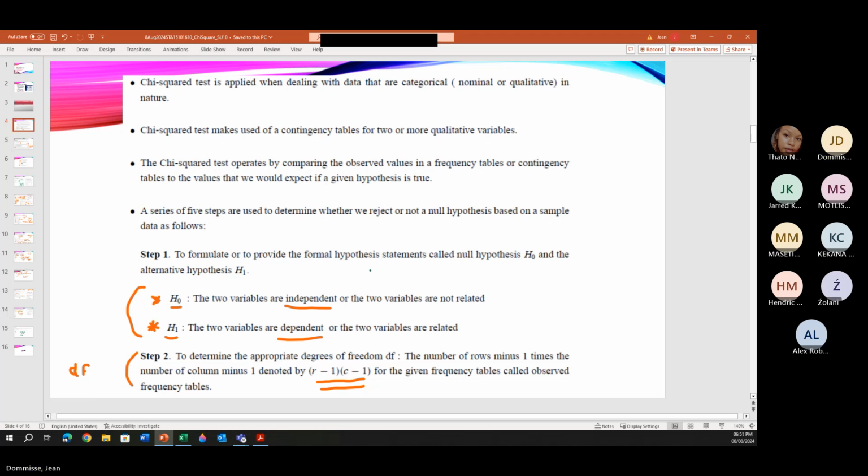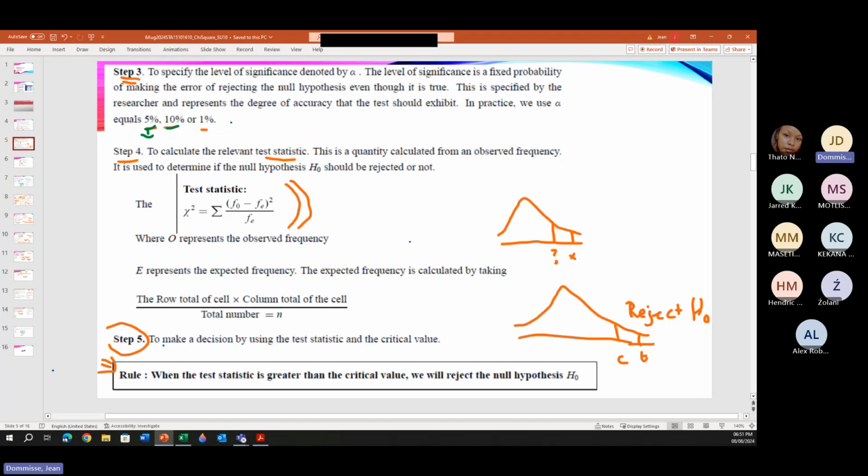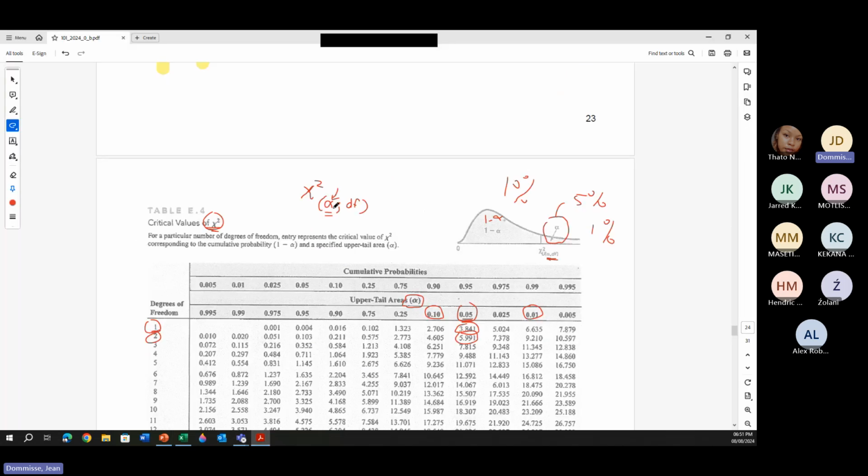We were so used to always looking at alpha divided by 2 when we were working in the T distribution, so just be very careful with the chi-square. It is just alpha.